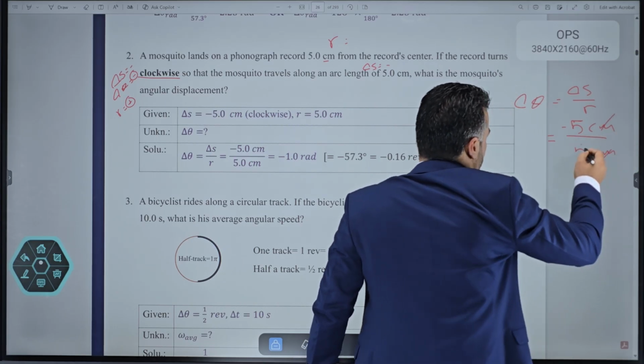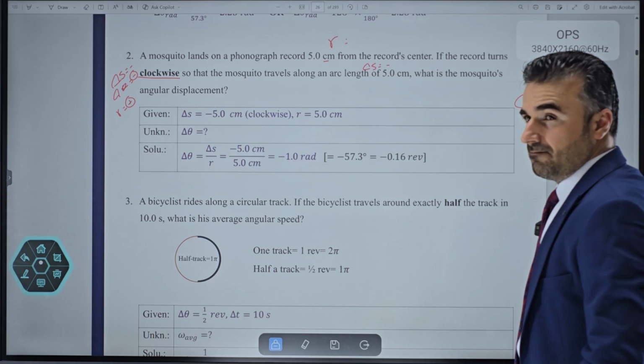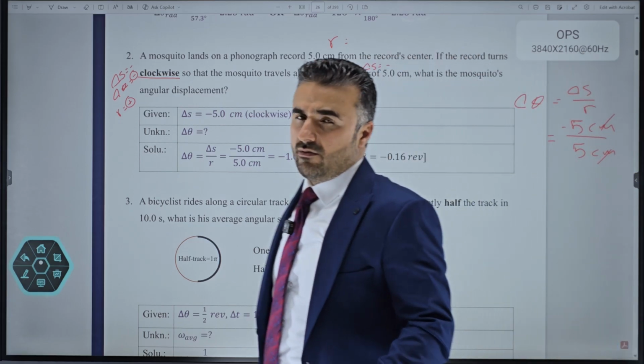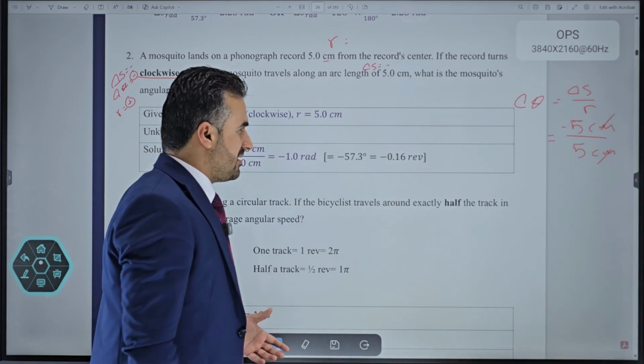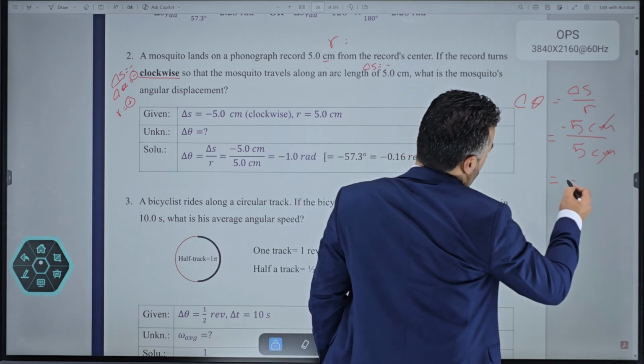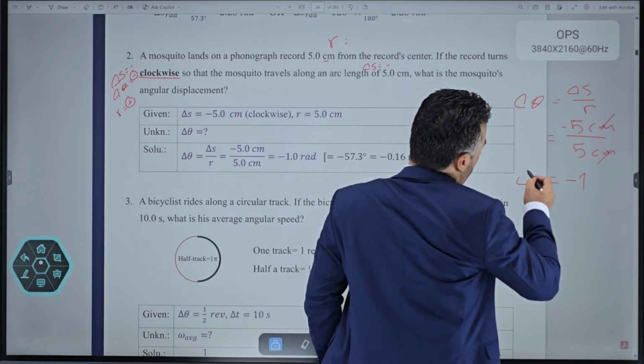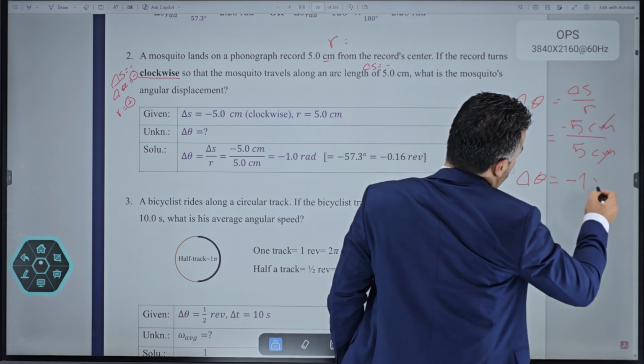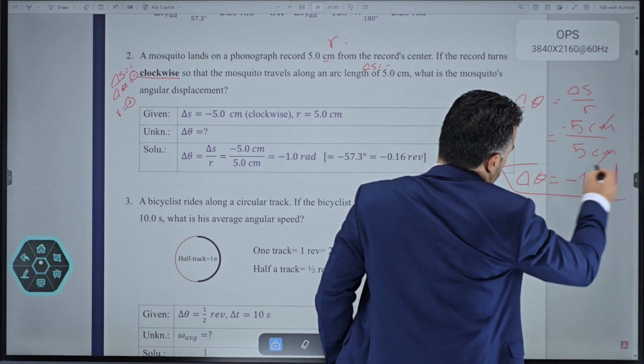Because these are both centimeter, I don't have to convert, because even if you convert, the units will always cancel out. So 5 divided by 5 is just going to be 1, but don't forget the negative. So angular displacement is going to be negative 1 radian, and that's it.